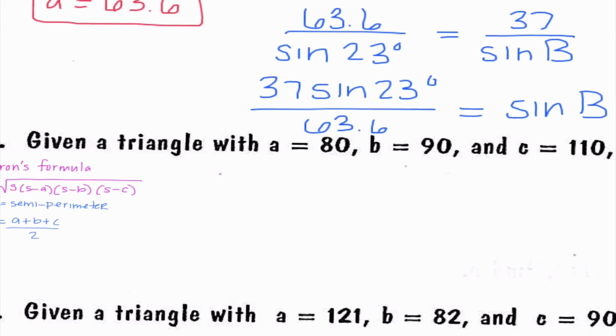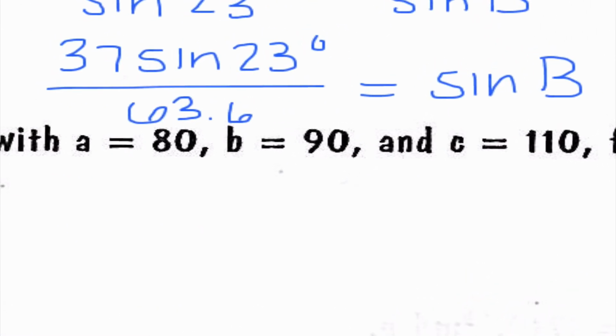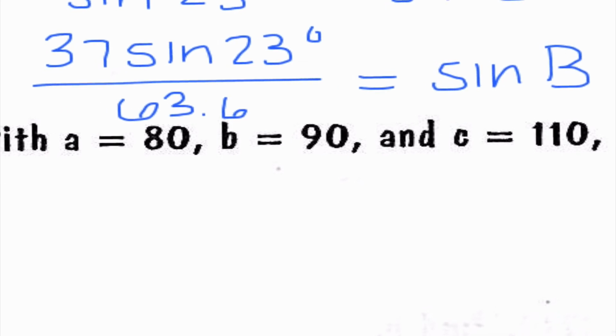Okay, so I have 80, 90, and 110. The first thing I'm going to do is find what the semi-perimeter is. So I'm going to add all three of these sides together and divide by 2, and I end up getting 140.